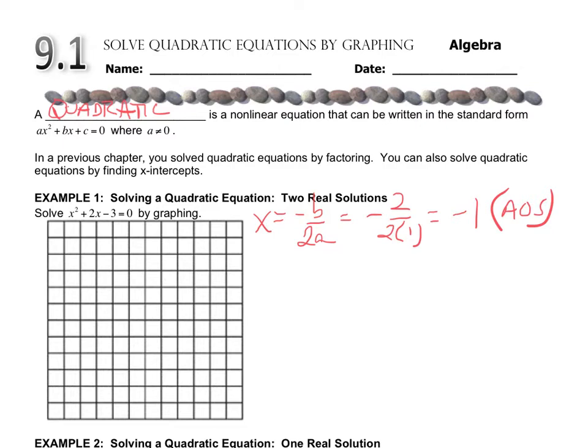Then we took that axis of symmetry, which is also the x coordinate of the vertex, and we plugged that negative 1 into our equation. This will allow us to find the y value that goes with it.